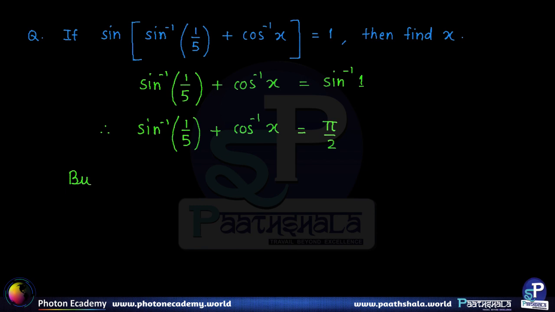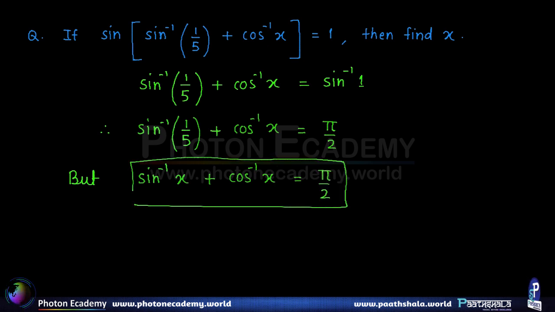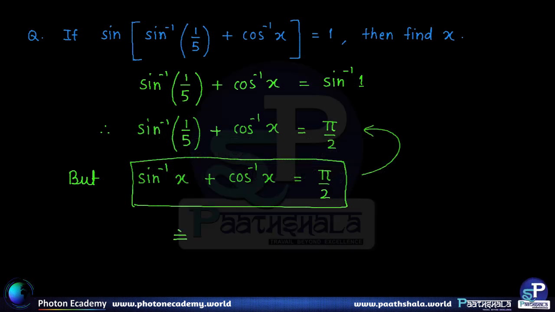But we have already seen the property that sin inverse of some value x plus cos inverse of the same value x, where x belongs to -1 to 1, is always equal to pi by 2. This is a property that we just proved. So therefore if you compare that with whatever we have got, that implies that x has to be 1 by 5. That's the answer.